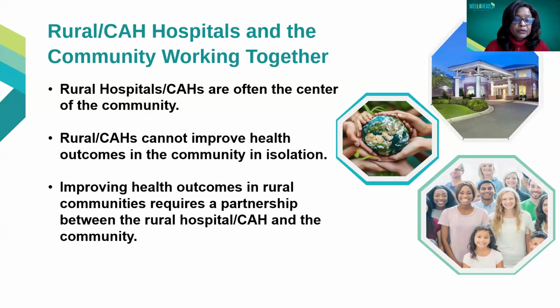Improving health outcomes in rural communities requires a partnership with our rural hospitals. So we need community leadership. We need community members working with our rural hospitals if we're really going to make sustainable change and improvements in our healthcare system. That's the focus of this webinar and why it's so important.